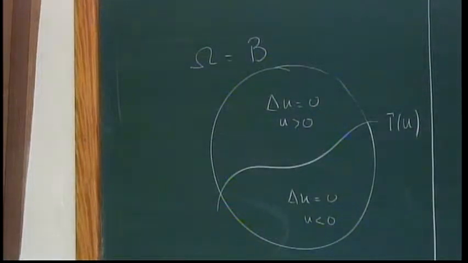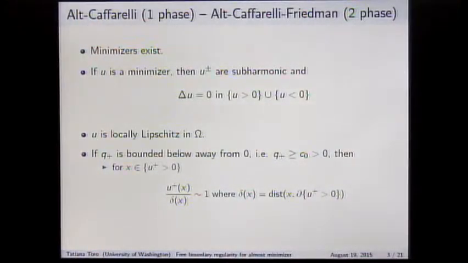And they also prove that, let's assume, and I always favor Q plus, bad habit, the same thing could be said for Q minus. But what they prove is that if Q plus is bounded away from 0, then not only is U plus Lipschitz, so U plus is controlled above by the distance to the boundary, but it is controlled below.